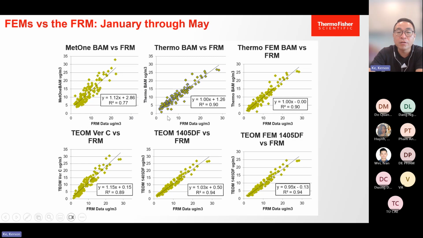And when you see FRM, it means the manual sampler. So we have the formula y = mx + b, and you also need to check the R square value. During this comparison, there are criteria in the US EPA.